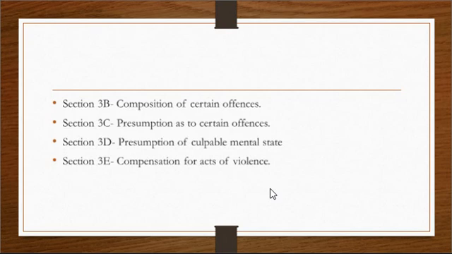Now another important presumption that is provided by the amendment act is presumption of culpable mental state under section 3 clause d, right? So what happens is that under section 3 clause 3, if there is any prosecution for an offense, it requires culpable mental state on the part of the accused, right? And the court will presume the existence of this mental state.